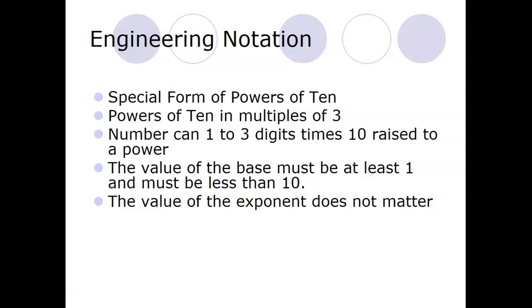Your exponent moves in multiples of 3, and the number in front of that decimal will fall between 1 and 999.